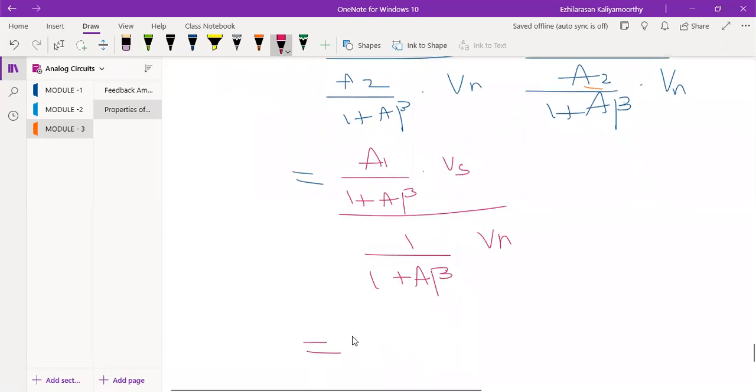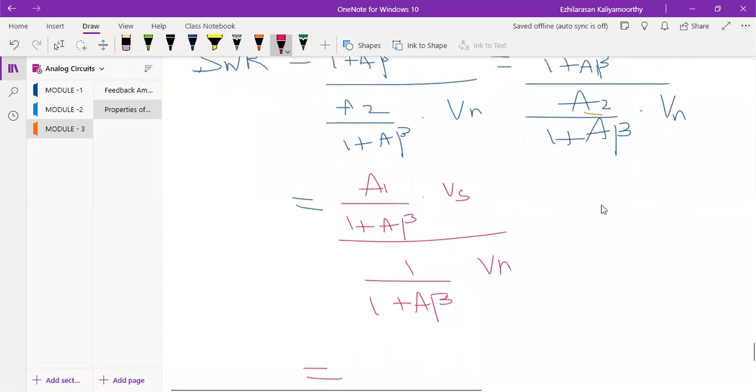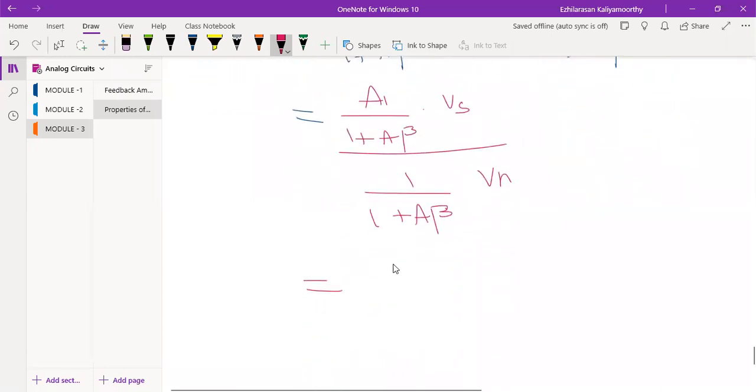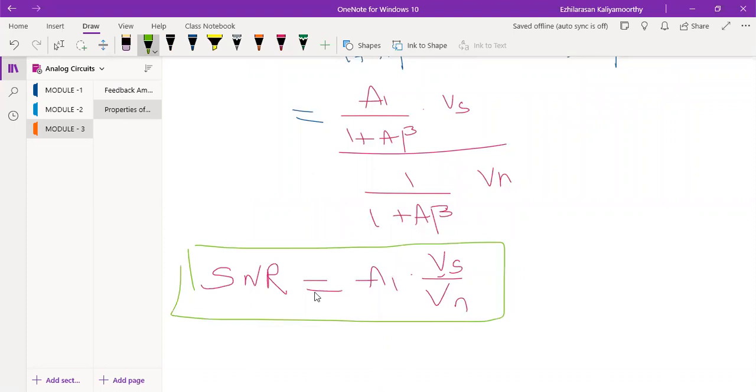Now again this denominator will get cancelled here. So I will get the expression finally as A1 into Vs by Vn. This only is nothing but SNR. The signal to noise ratio is nothing but A1 into Vs by Vn.